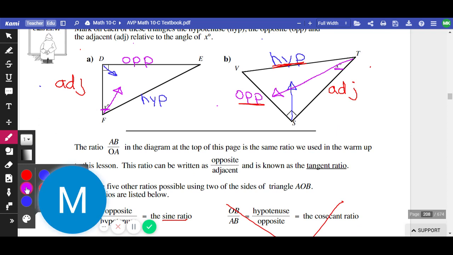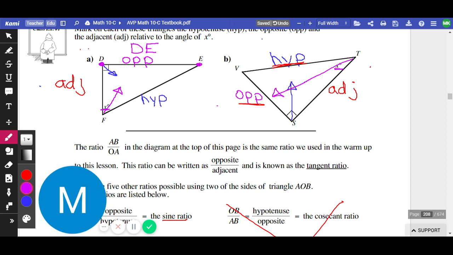Opposite was this side length up here at the top of the triangle. Does anybody remember how we would name that side of the triangle? We would name it based on the names of the ends. So this side of the triangle is from D to E. So we call it DE.